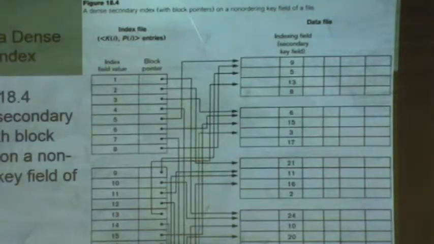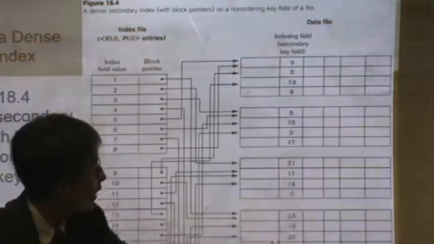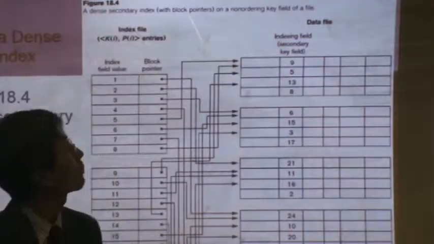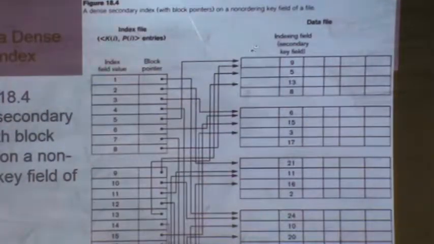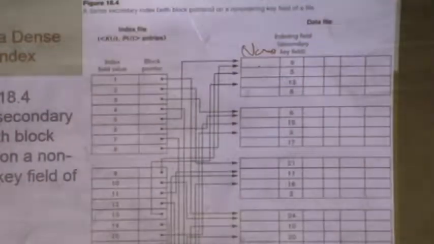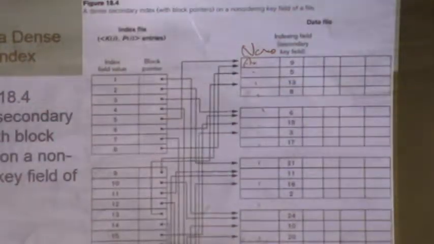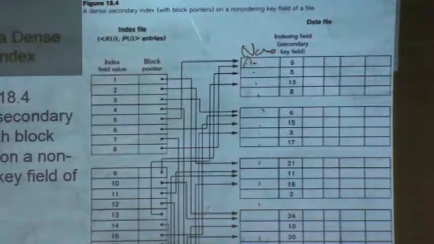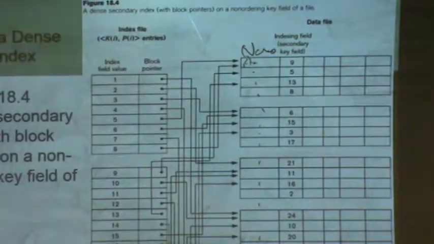Secondary index means, why don't you take a look at this data file? This data file is probably sorted by, for example, name. So there's Aaron and so on. It's sorted by the name primarily. But I'd like to make the index for, for example, the social security number.